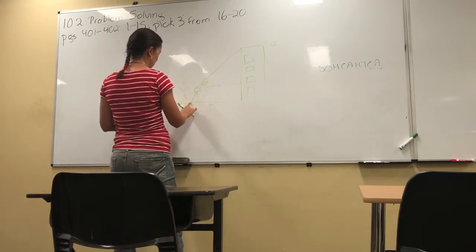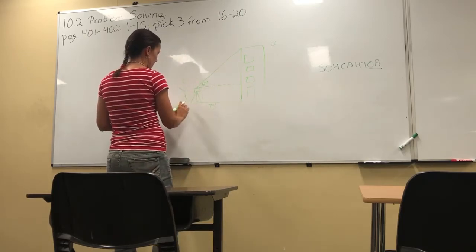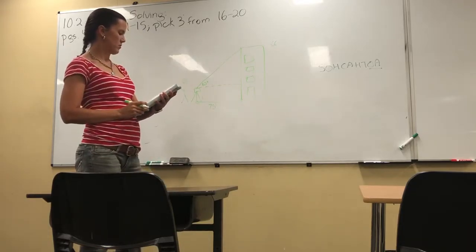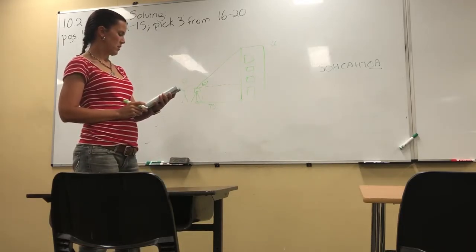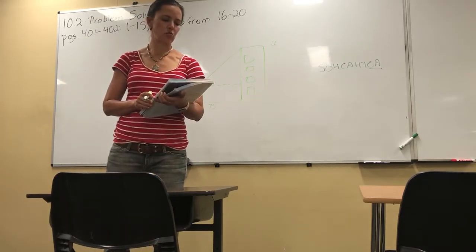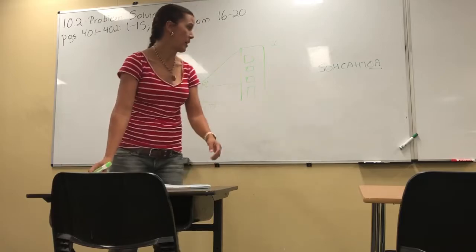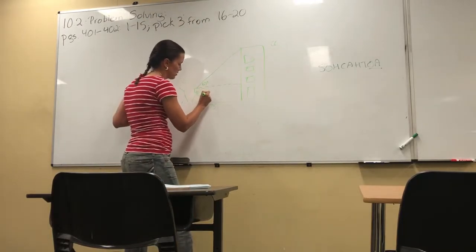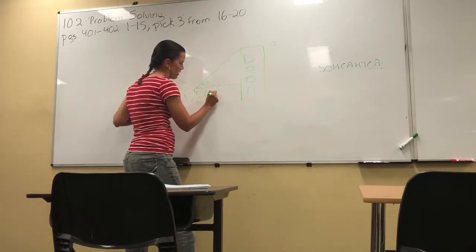So actually, let's say this distance is only to here. And then they want to know, find the height of the building. Now we're going to assume the transit is 5 feet high, so this distance right here is 5 feet.